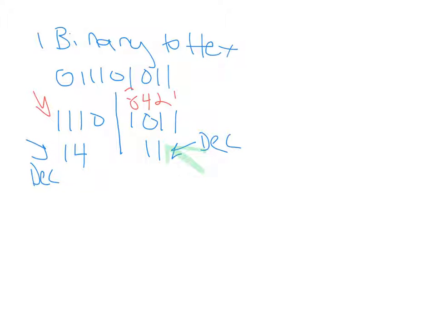Well, what's 11 decimal in hex? Remember, for hex we have 0 to 9 and then A to F. So the number 11 in hex is going to be B, and the number 14 in hex is going to be E. So if we convert binary to hex, the binary for 0, 1, 1, 1, 0, 1, 0, 1, 1 is EB.